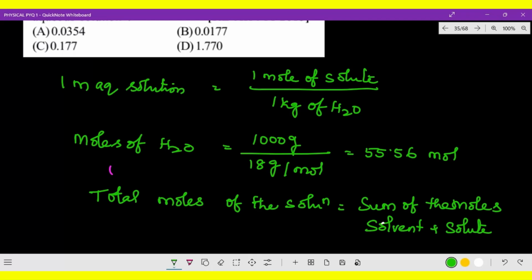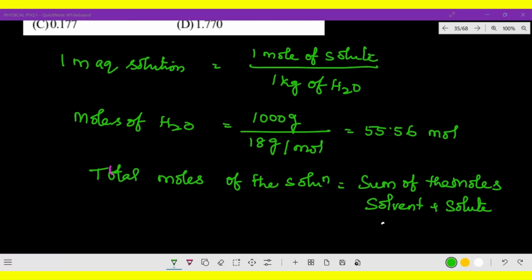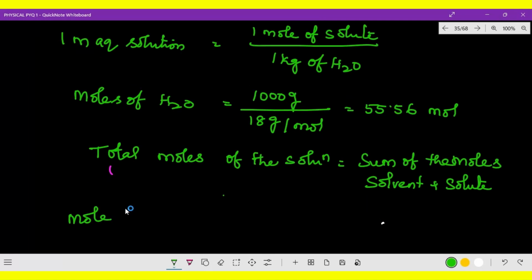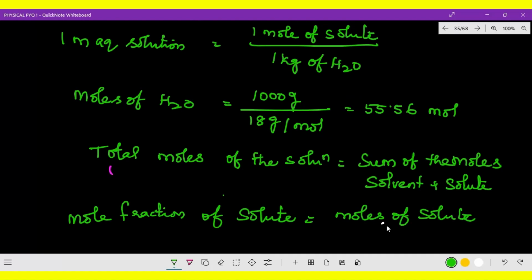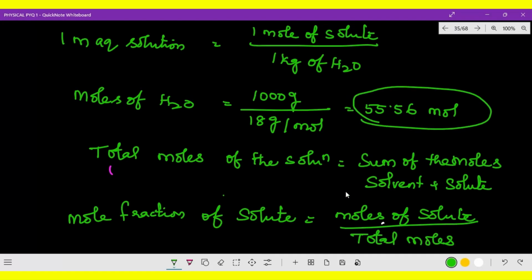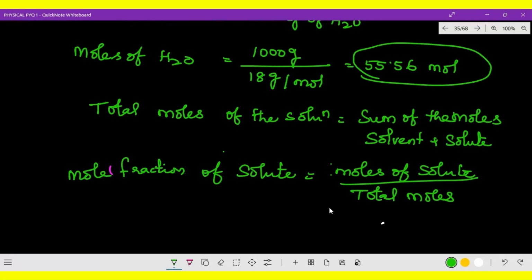Now mole fraction, let us go for that idea. Mole fraction of solute is equal to moles of solute divided by total moles. So total moles, how much have we received? This much only. So here moles of solute, we can take as 1.